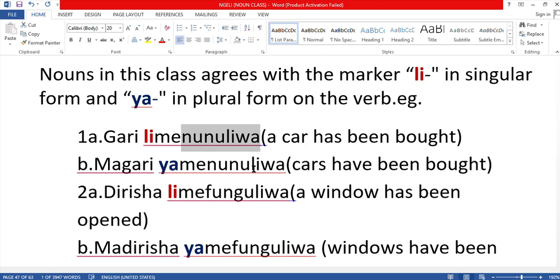The part that is agreeing with gari here is li. Li is agreeing with the noun here.